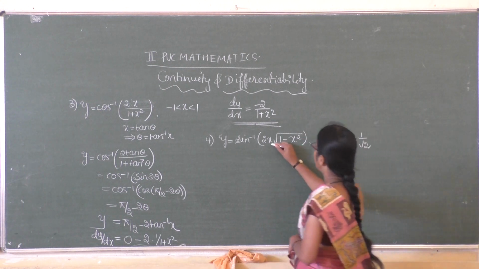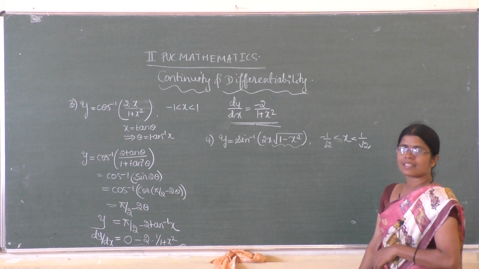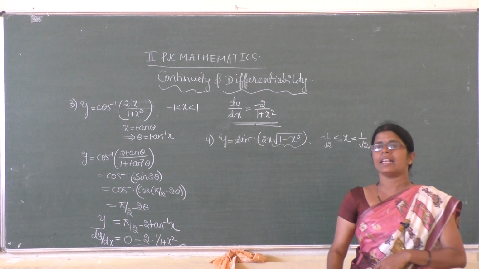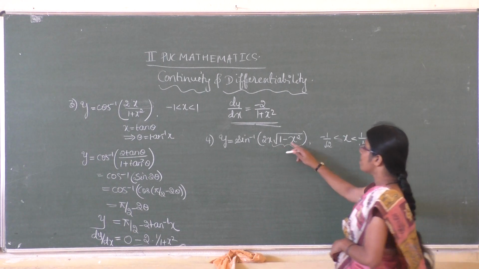So see, here root of 1 minus x square. With 1 minus x square, the substitution is either sin theta or cos theta, because we have 1 minus.